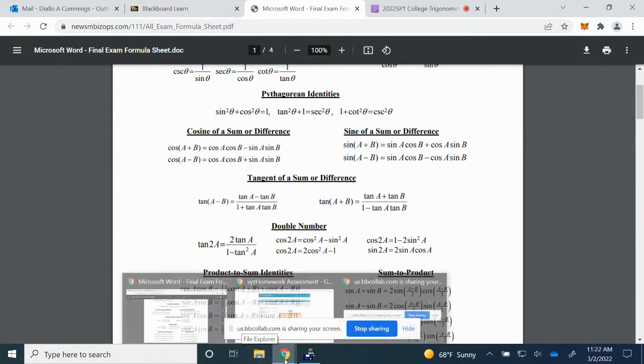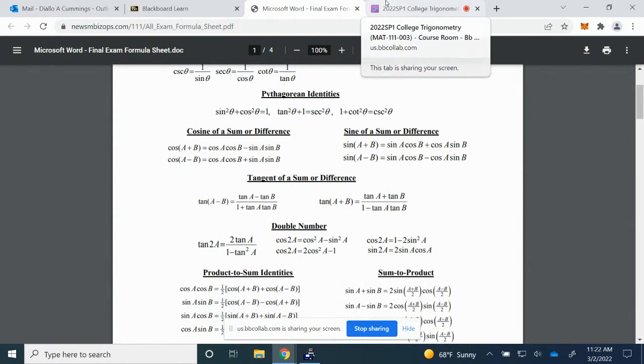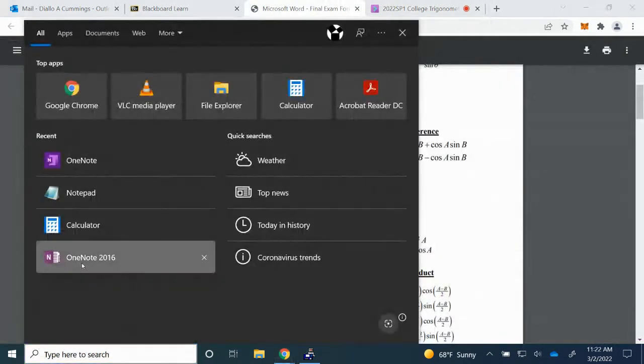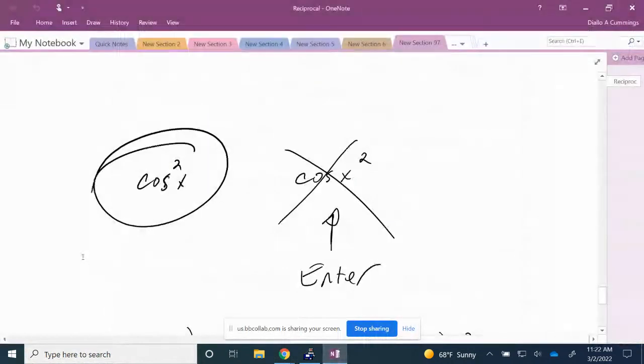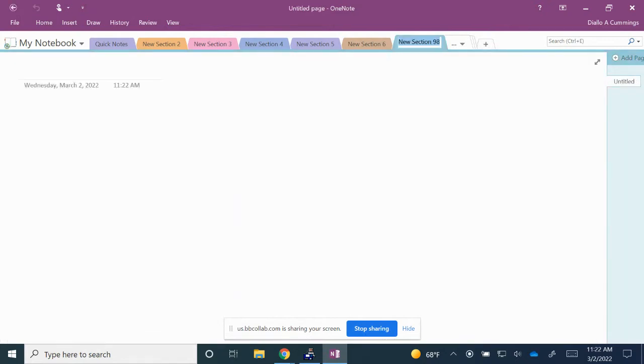I'm going to go to OneNote for just a second. All right, and I'm going to pose a problem.